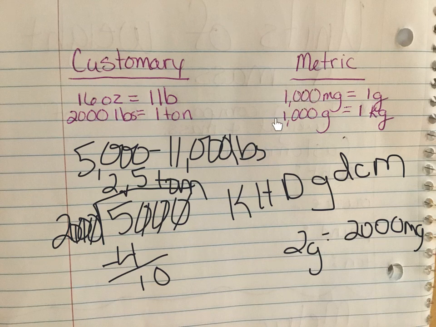So the next one says I need 1,000 grams to equal 1 kilogram. So here's grams. If I have 1,000 of them, I can equal 1 of these. So that means if I had 2,000 grams, I would equal 2 kilograms here.